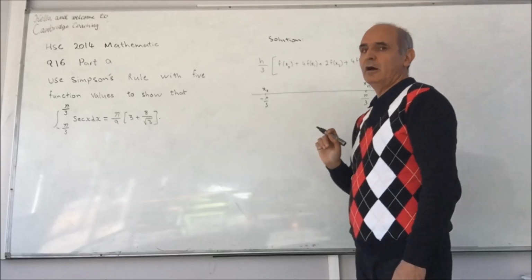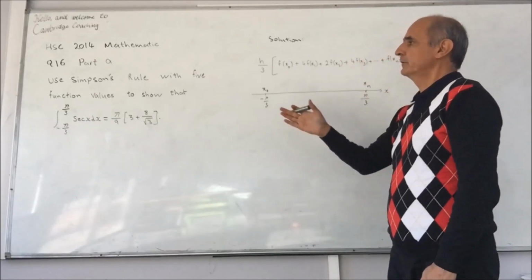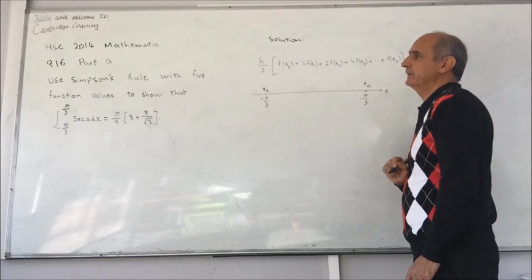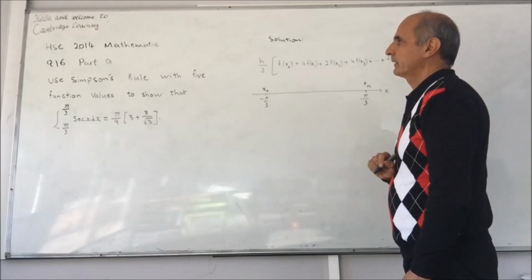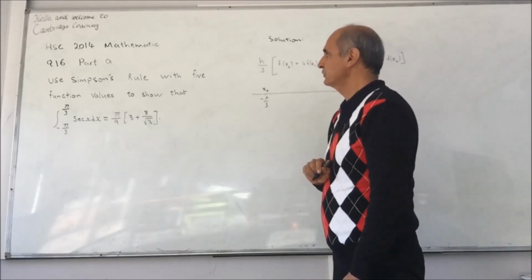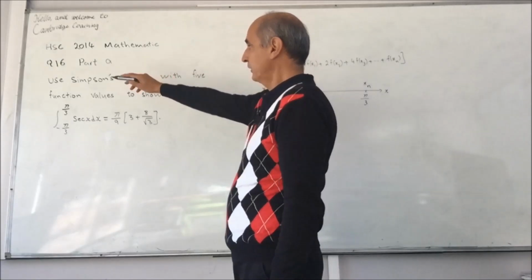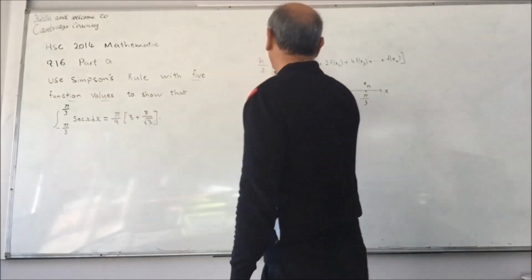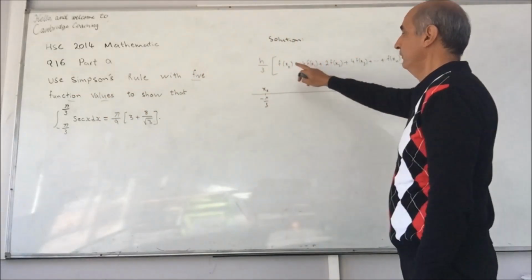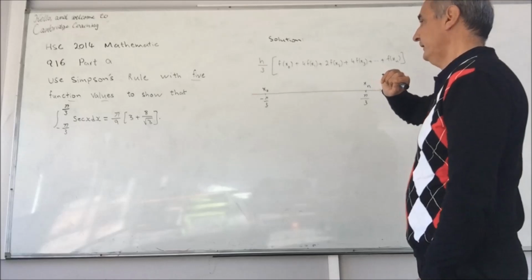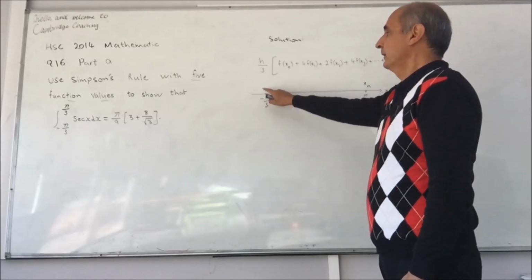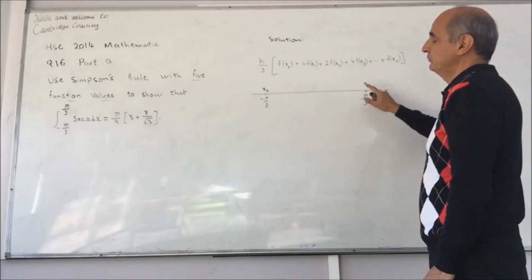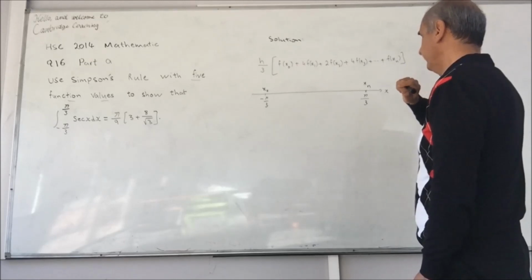But depending on the requirements of the question, you need to find the value of n. The question says use Simpson's rule with 5 function values. So I have 5 of these, f of x0 to f of xn. I have 2 of them, and I need to find the rest, 3.